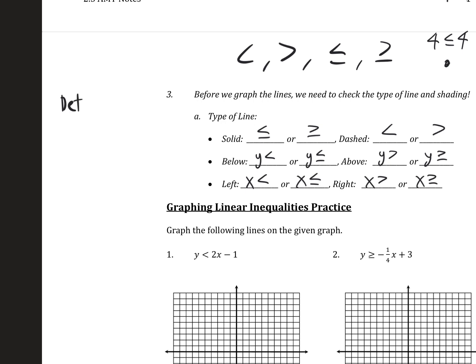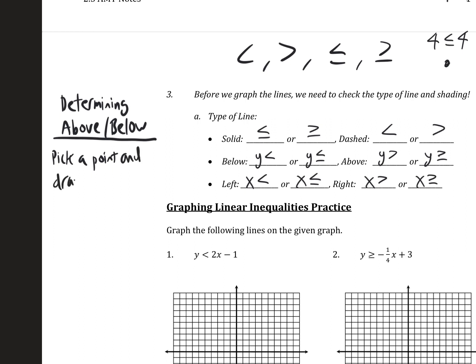Determining above or below. The way I like to do this is I like to pick a point and draw an arrow straight up and down.